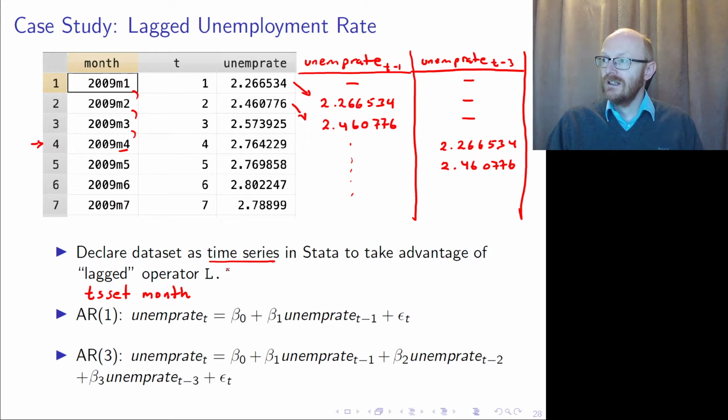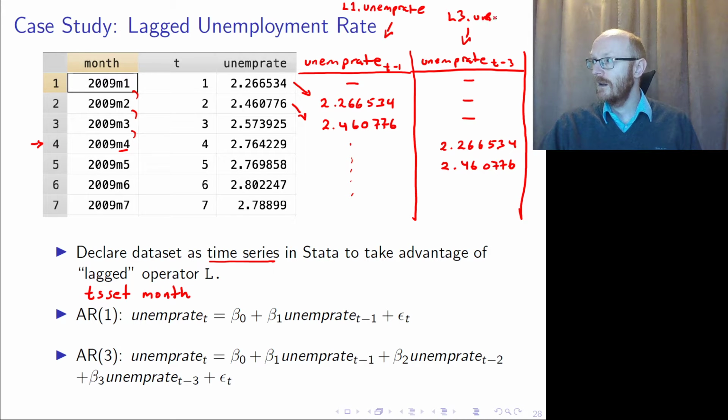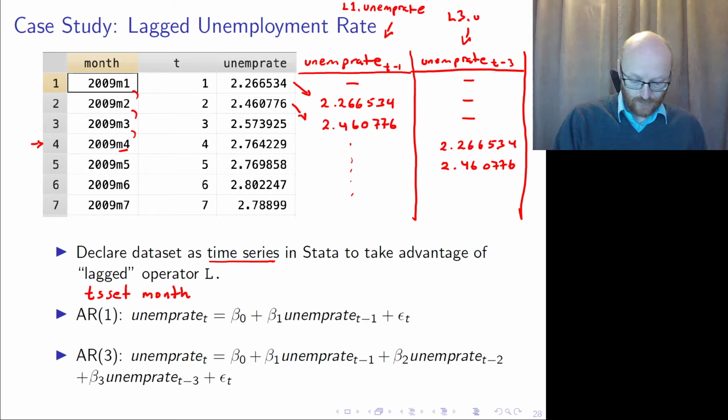And if we do that, then we can refer to these two lagged variables with the following commands. They are now called L1.unemp_rate, which means this is just the unemp_rate variable lagged once. And this is down here, and this would then be L3.unemp_rate. Let's see if we can write that properly.